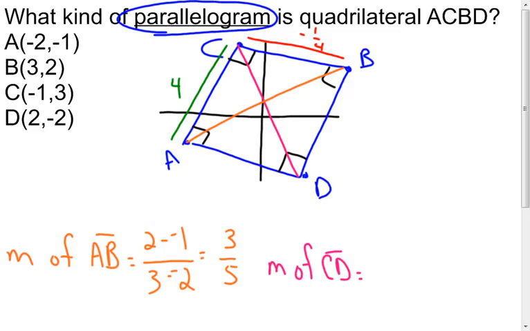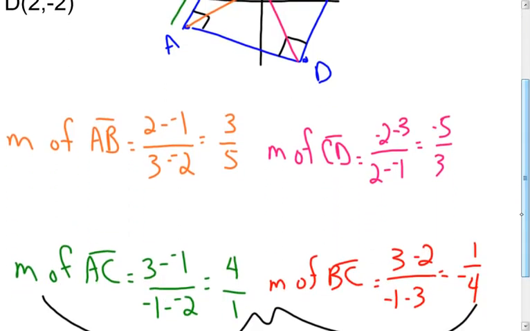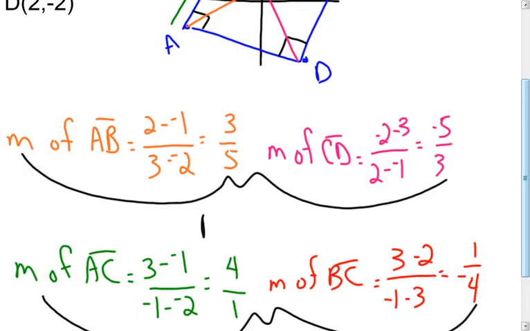Go through the same process. There's my y values, here are my x values. So I end up with negative 5 over 3. Well, they're opposite reciprocals, therefore I know I have a right angle here. And again, if the diagonals of a parallelogram are perpendicular, then it is a rhombus. So this information here says rhombus.